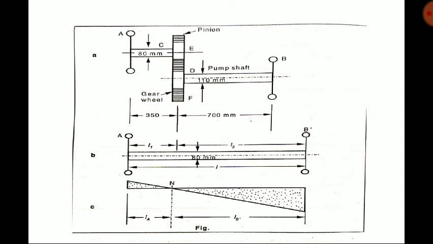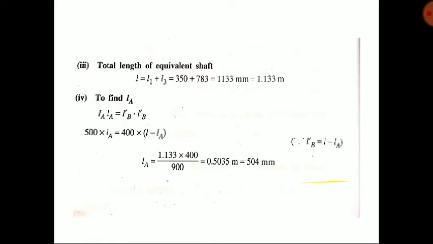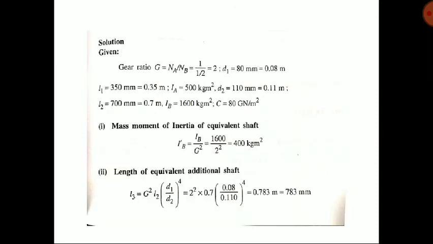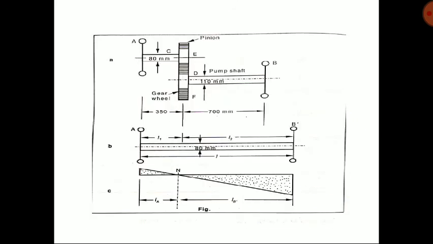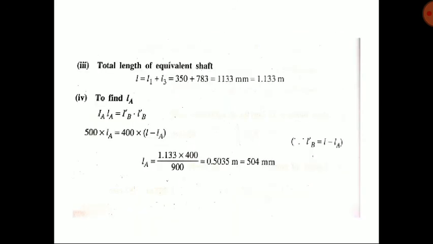It is marked here LA, LB dash in the node figure. So total length of the equivalent shaft will be L is equal to L1 plus L3. L1 we know 350, and L3 is 783. So 350 plus 783, you are getting 1133 mm.